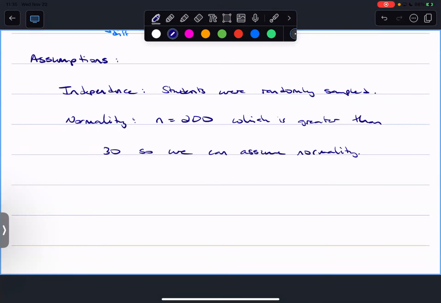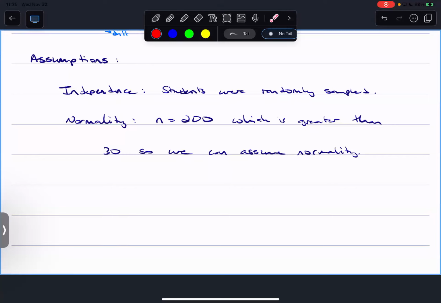But usually I don't bother giving you the histogram on the test, for example, and so you would just say this. What if your sample size is 20? What would you have to say then? You'd have to say our sample size is less than 30, so we assume the distribution is approximately normal, right?